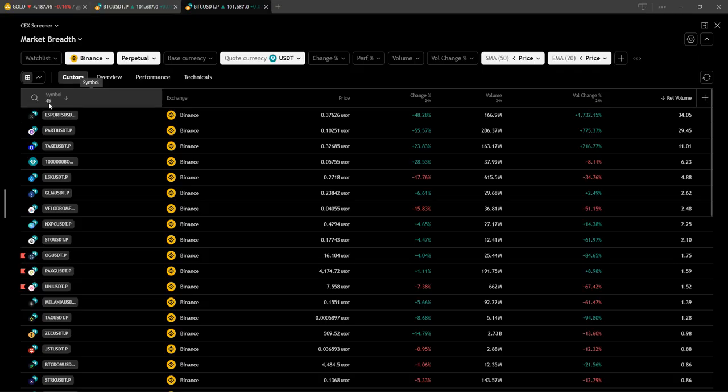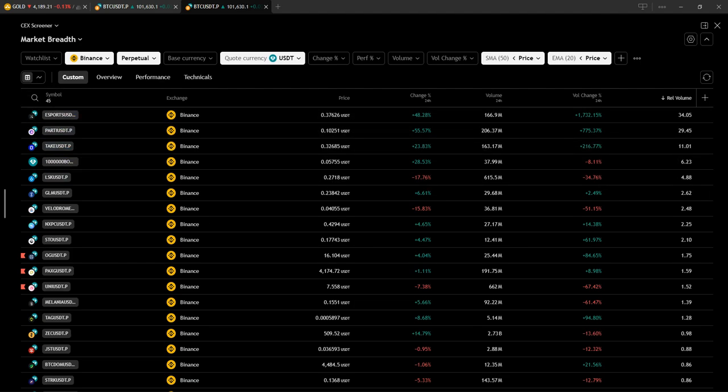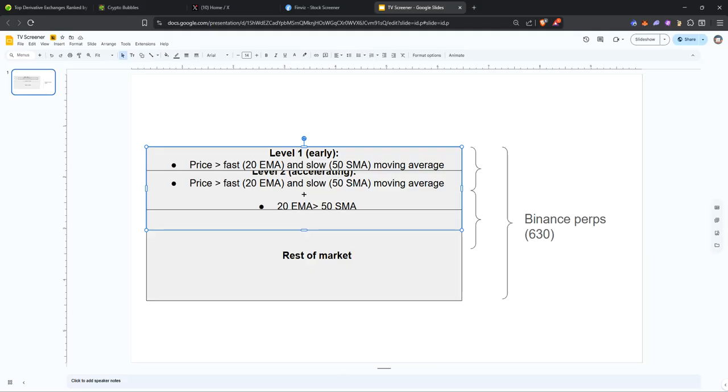Sorry, my math is really bad today. Yeah, about 7%. So I wouldn't say that that's strong breadth. And we saw the market in the last 24 hours is actually moving down, so I wasn't expecting a large percentage. But yep, that's level one, right?